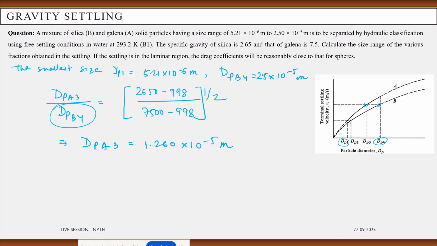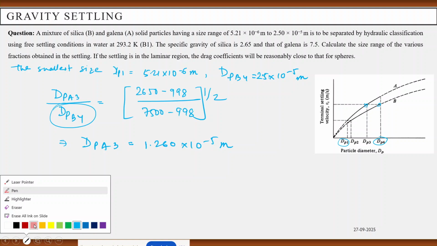Similarly, in this size range, dpa2, dpb2 and dpa1 have similar settling velocities.